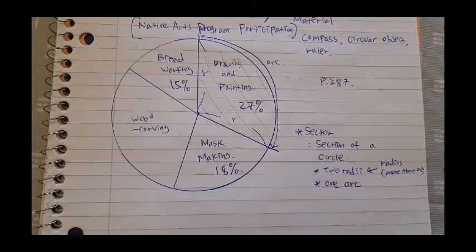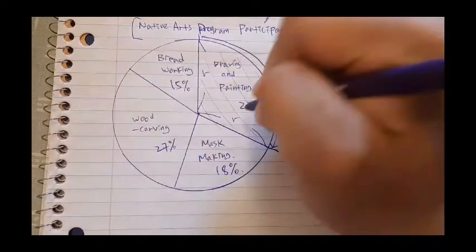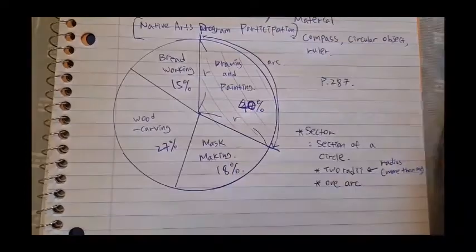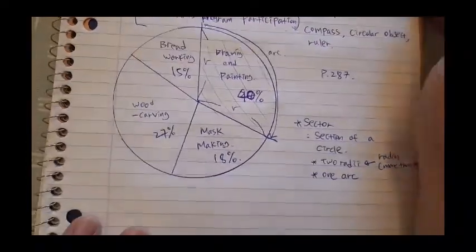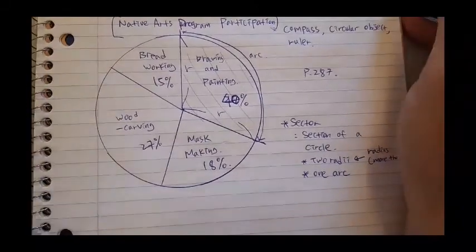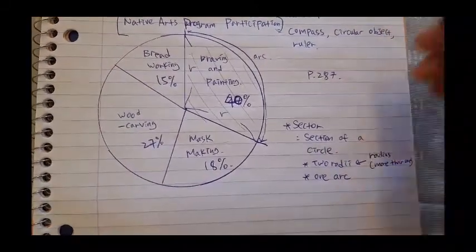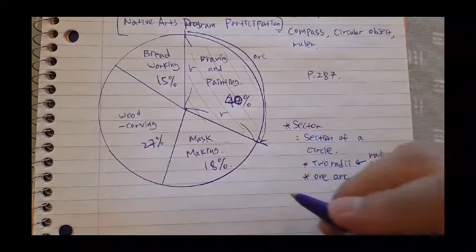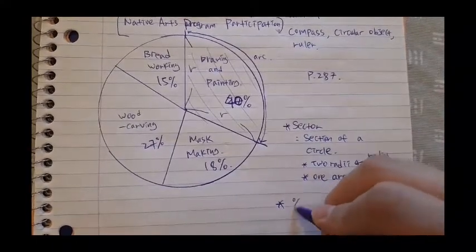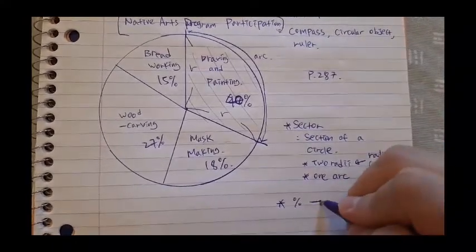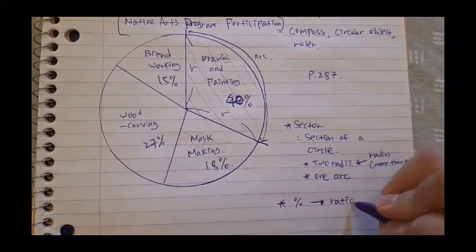I'm doing a little bit of mental math. What about making this 27% and this 40%? In a circle graph, you have to have sectors and you also have to have percentages. That's a ratio.